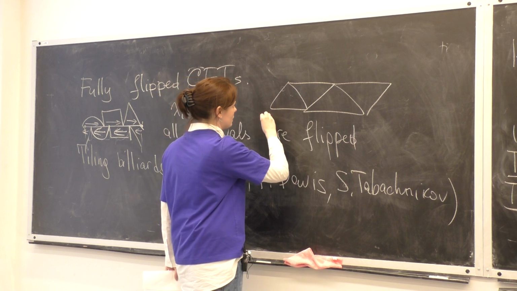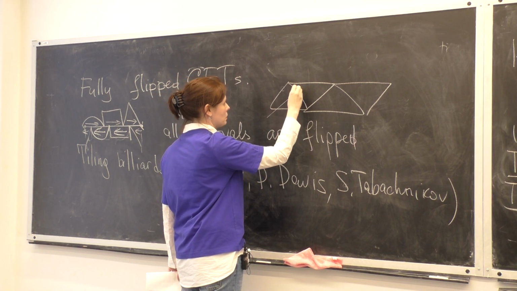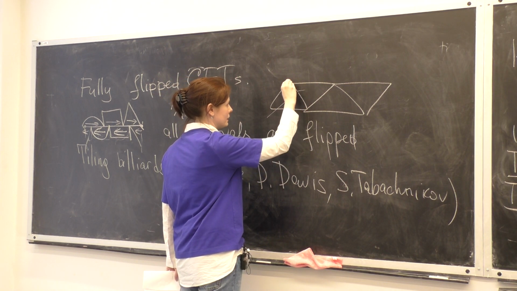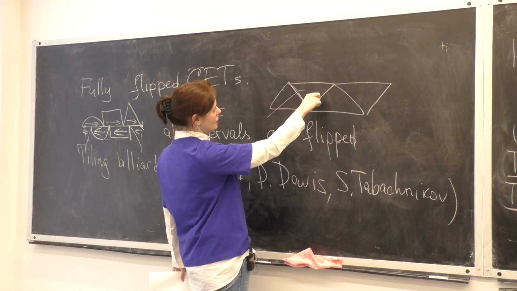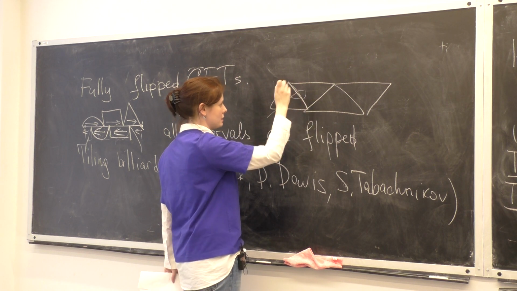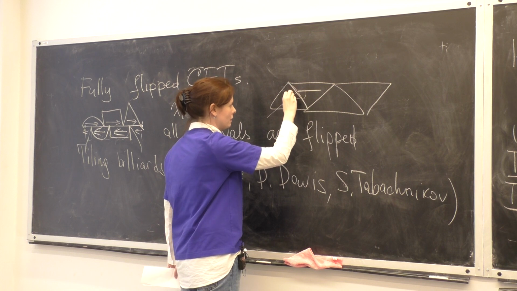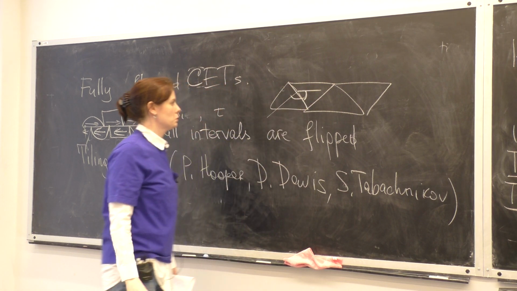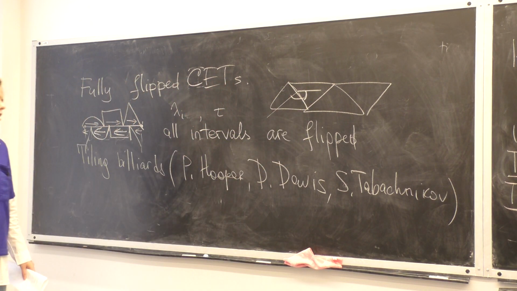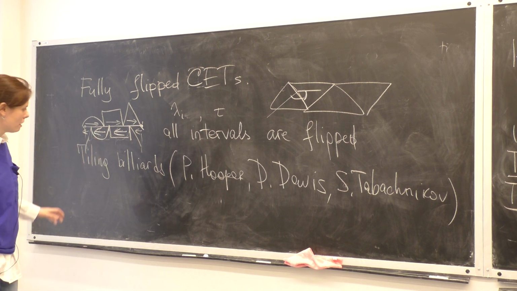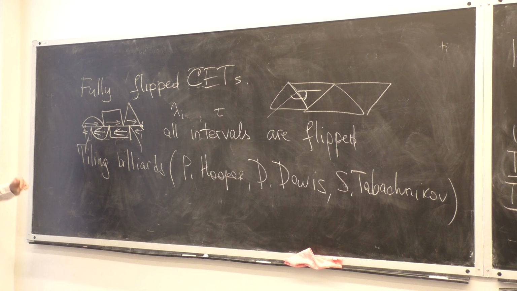So you take the trajectory, and every time you touch the side, you continue in another side, but you respect the fact that your two angles are supposed to be equal, and so on. And you are interested in the behavior of orbits of such billiards and some geometry associated to it.